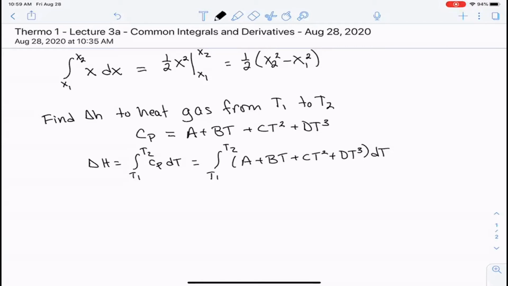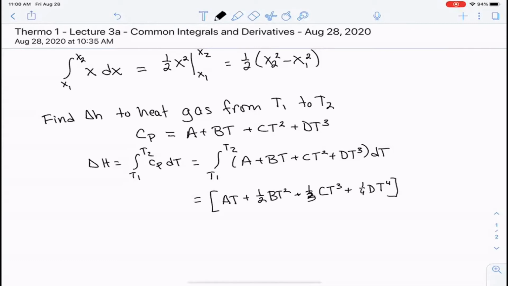So of course, if we're going to evaluate this integral, we know that the solution is just A times T plus 1/2 BT squared plus 1/3 CT cubed plus 1/4 DT to the fourth evaluated from T1 to T2.